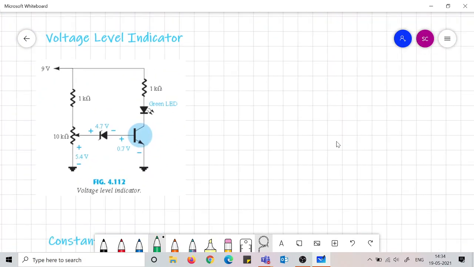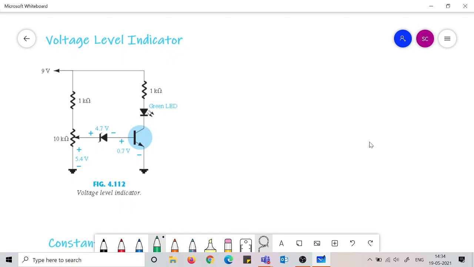So next one is a voltage level indicator. Indicator means simply that it indicates whether there is a sufficient voltage level. So some voltage level we fix in one part of the circuit, and when it maintains that voltage level, there is an indication that it is maintaining that voltage level.